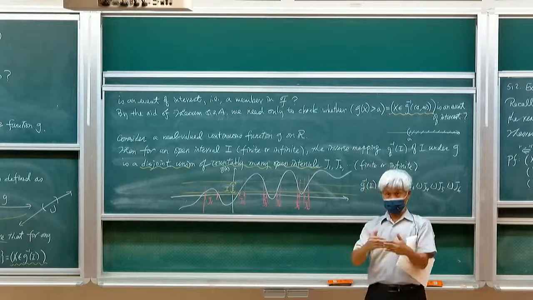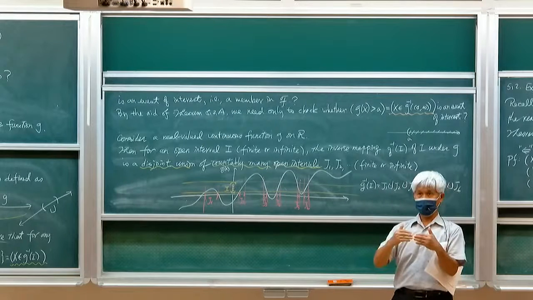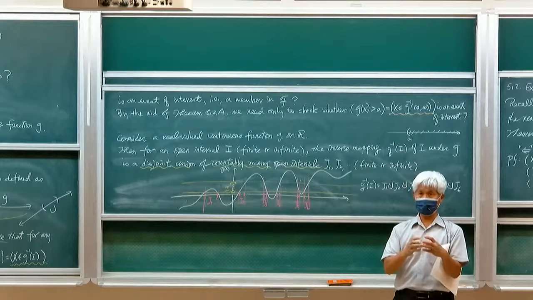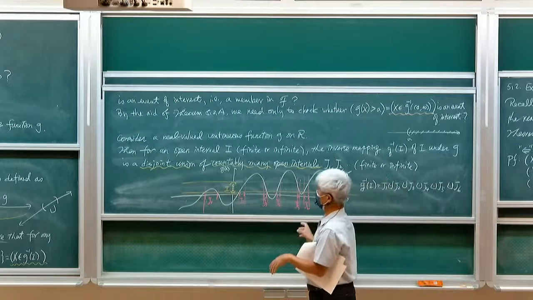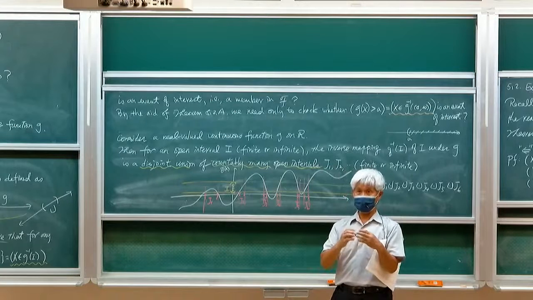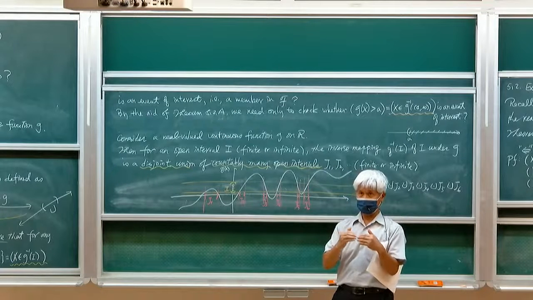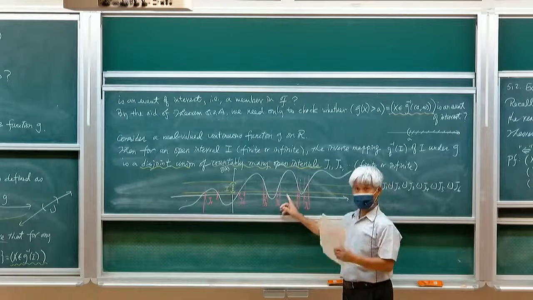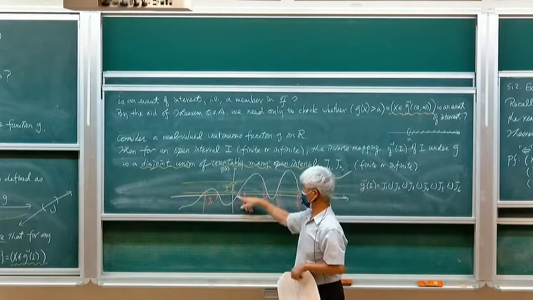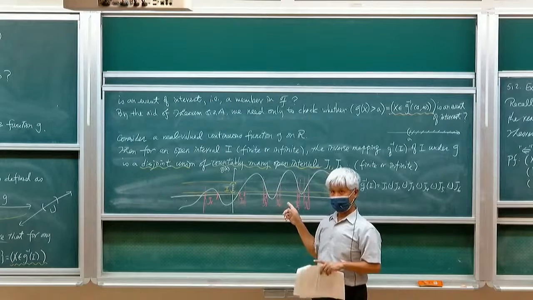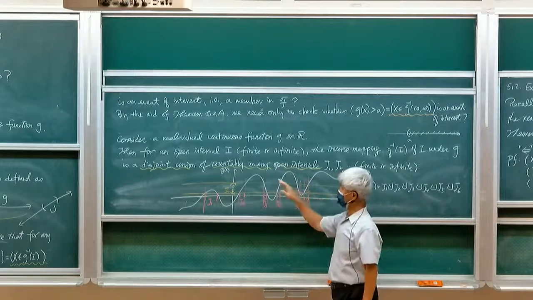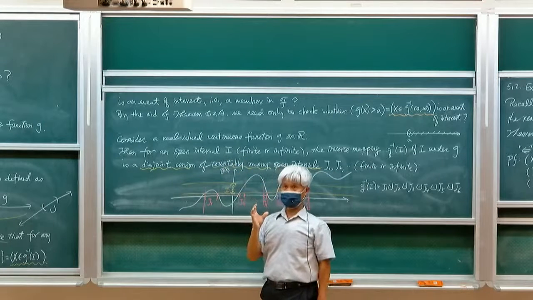That is the property of the real line: the only connected open set is an open interval. So it's a topological property of the real line, but the illustration can be seen from this example.